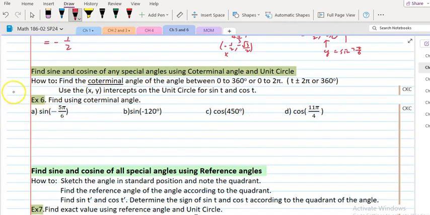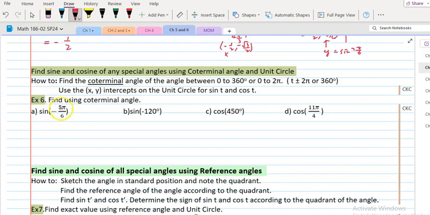You can do backward rotation, but I just want to use the unit circle. The extra step is to find the coterminal angle of the input until it is between 0 and 360, or 0 and 2 pi. Then use the same x and y for sine and cosine, because coterminal angles have the same terminal side.